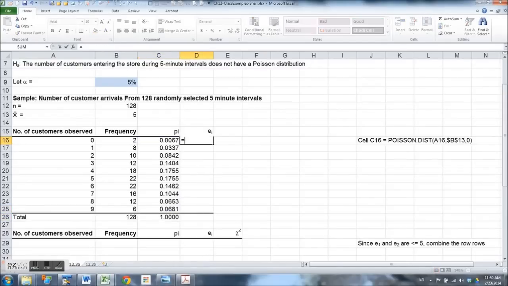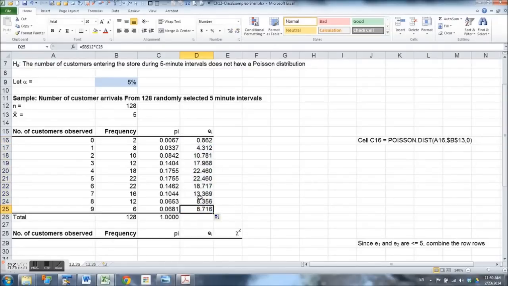Now the expected frequencies are the sample size times the probability. And when you sum the expected frequencies, it should equal the sample size, which is correct.